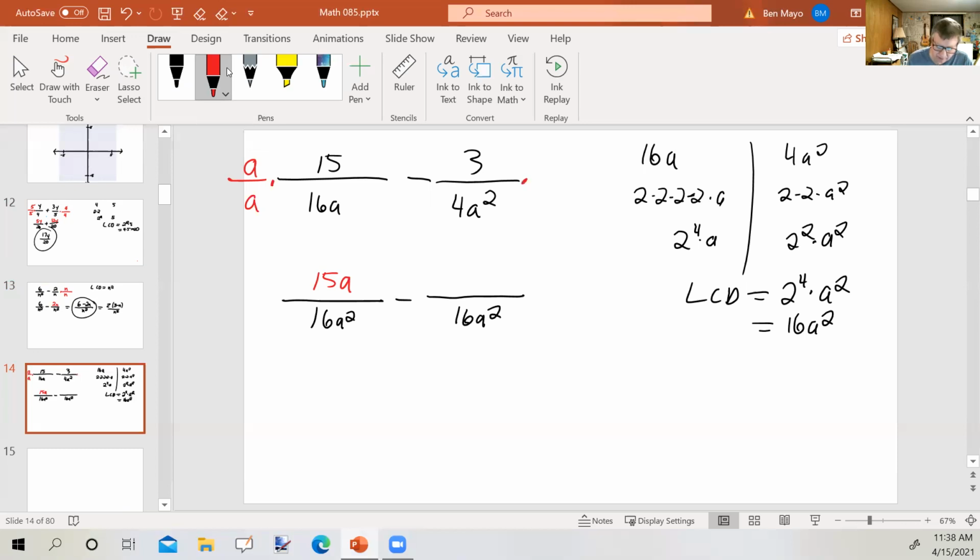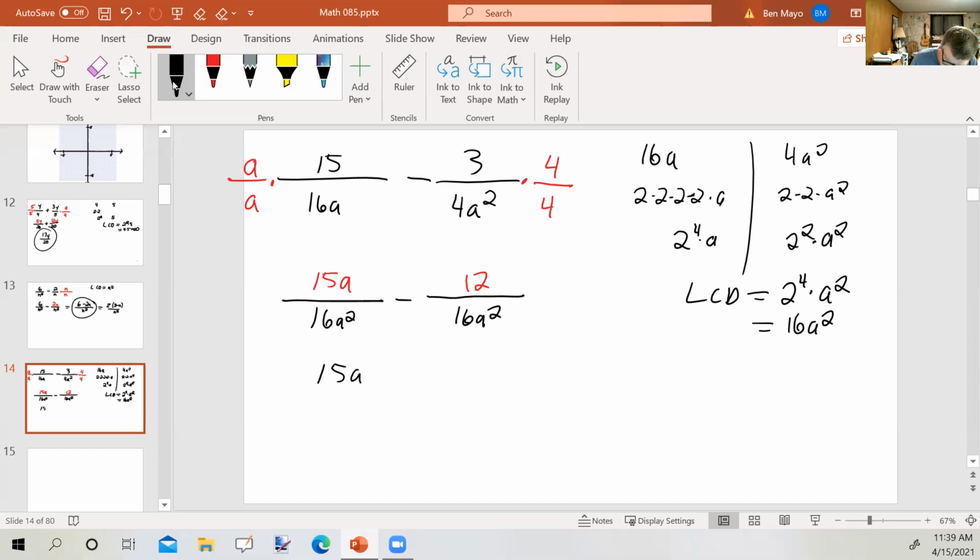Now the second fraction, I need to turn 4a squared into 16a squared. So I'll multiply the denominator by 4. Consequently, I'll multiply the numerator by 4, and my new numerator is 12. All right. So now I have two fractions with the same denominator. So I'll subtract the numerators over the common denominator.